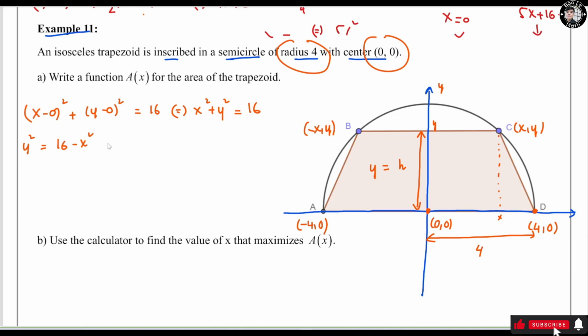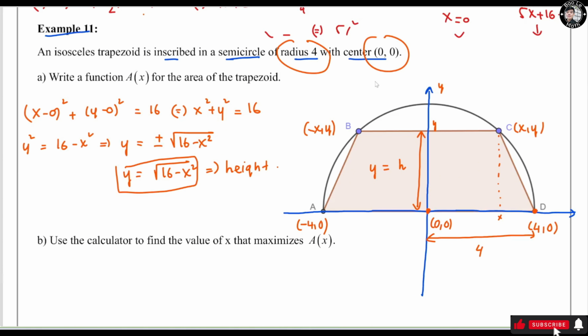Now take the square root of both sides, so then y equals plus or minus the square root of 16 minus s squared. Now we only pick the positive one because the semicircle is above the x-axis. So then y equals the square root of 16 minus s squared. And this is the height of the trapezoid.